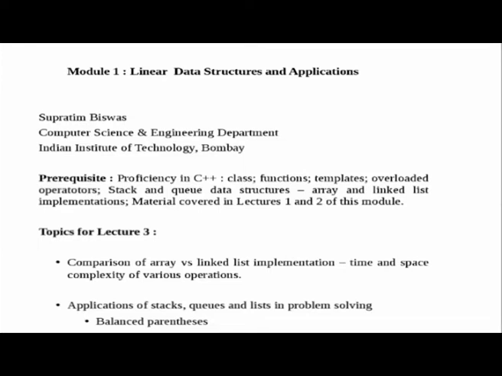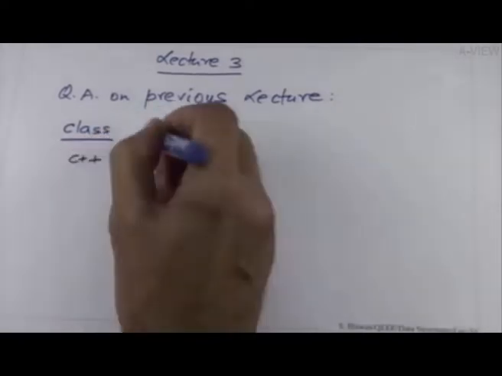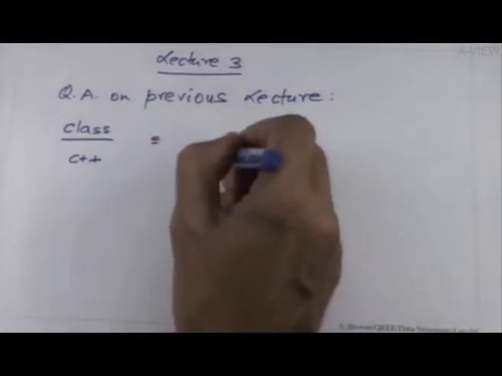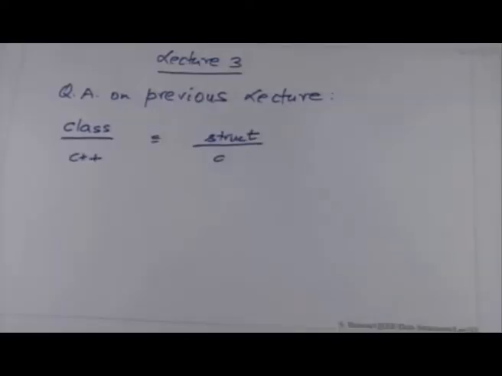Observe that in my notes I have used this word class. Class is in C++, and the equivalent in C, I'm sure you know, is struct. If you replace my class keyword in most of my implementations with a struct, it will work for a linked list.